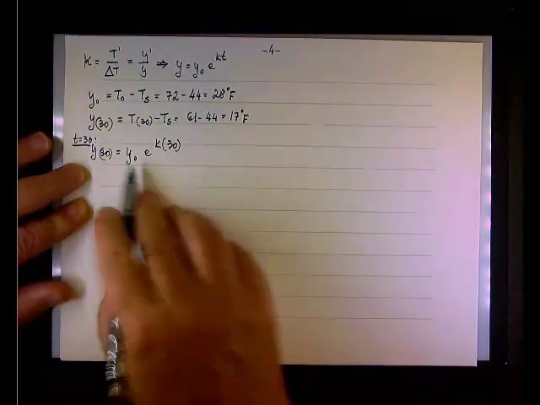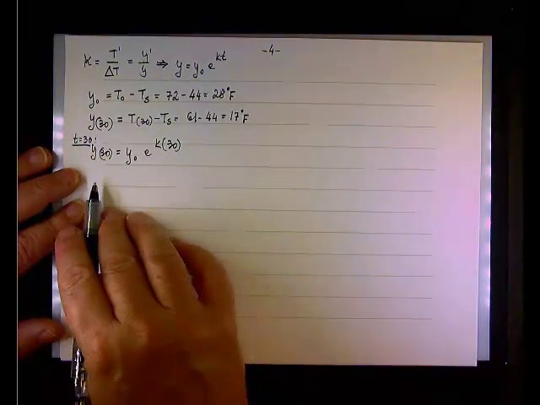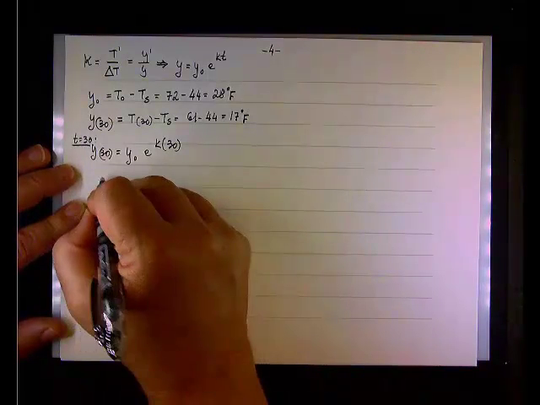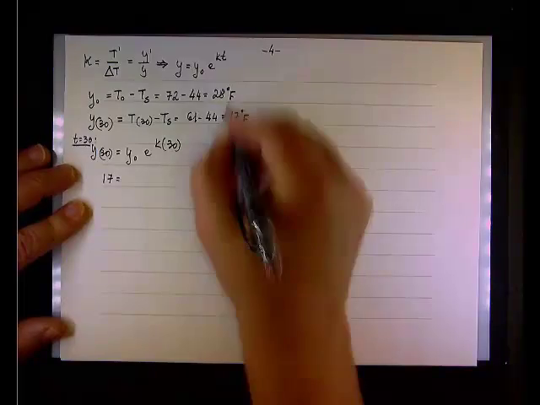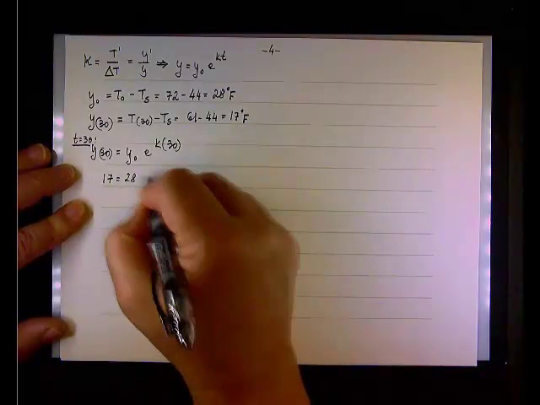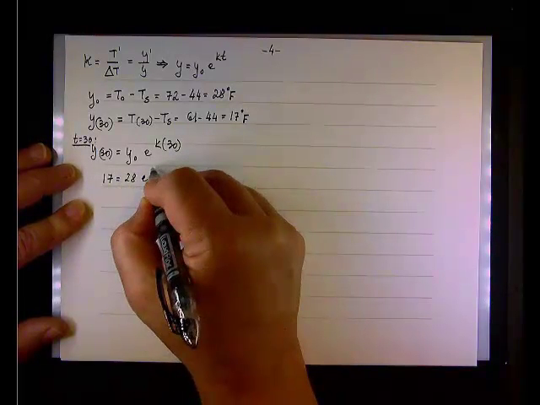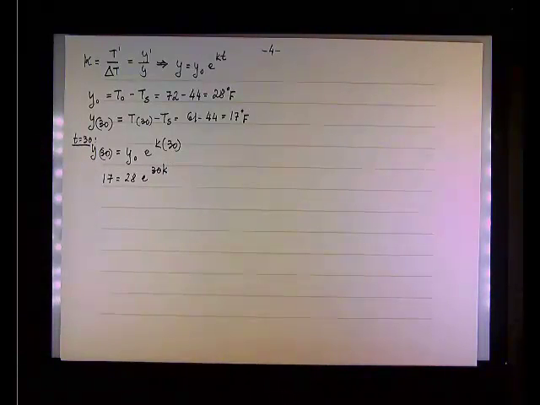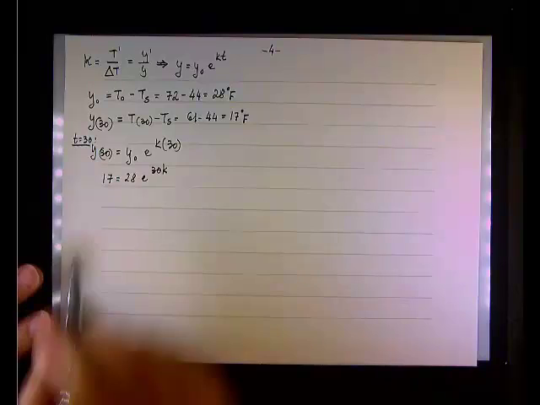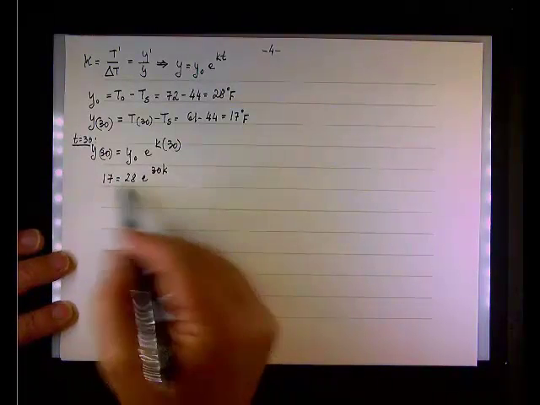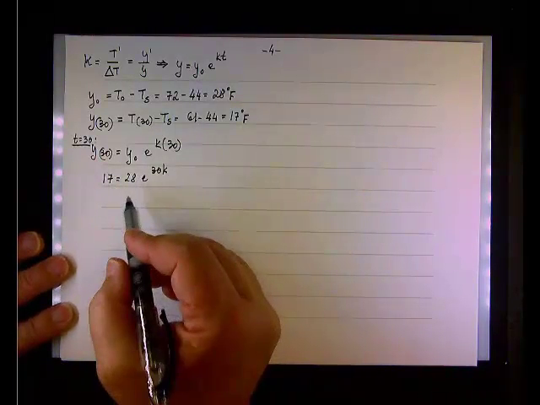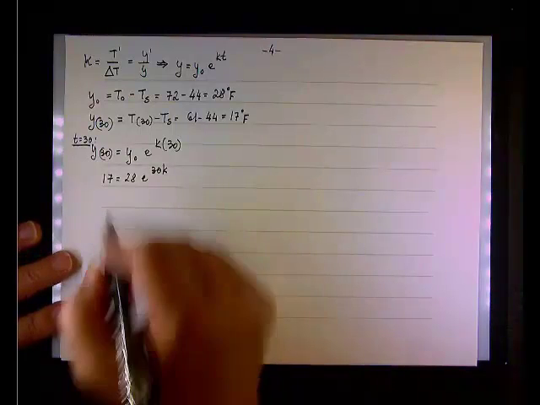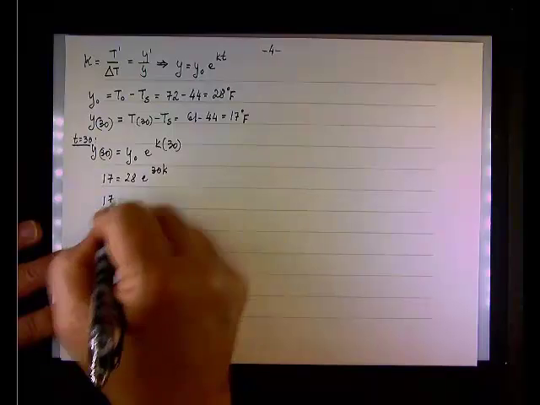And time now to replace the values, as we do when we solve an exponential function. y of 30 is 17, y sub 0 is 28, times e to the power of 30k. This one I can skip a step or two. We'll divide both sides by 28. So at this point we have 17 over 28 equals, I'll do it without skipping.